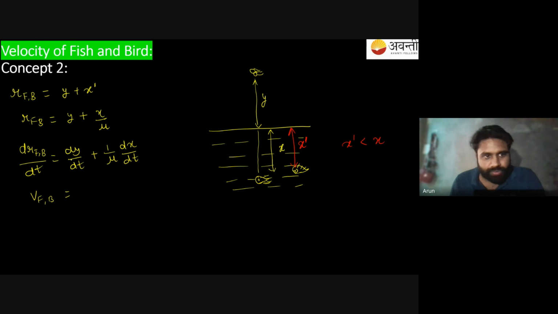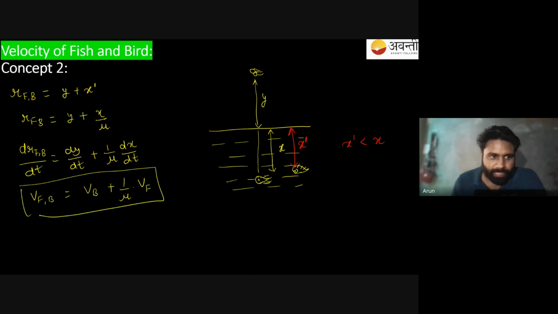It equals the velocity of bird, dy by dt, plus 1 upon mu times dx by dt. If the fish is also moving, then dx by dt would be considered as the velocity of fish. And if the fish is stationary, then vf becomes 0, and the velocity of fish with respect to bird will be the velocity of bird.